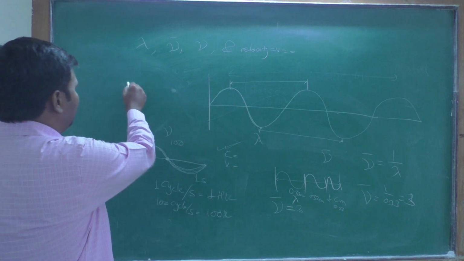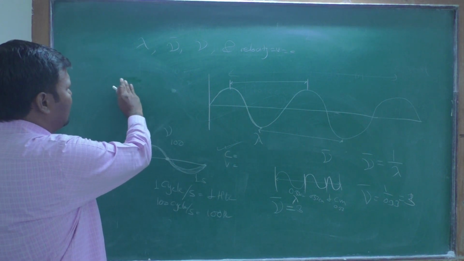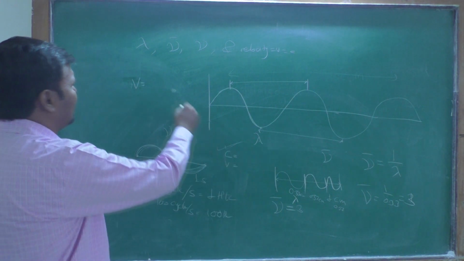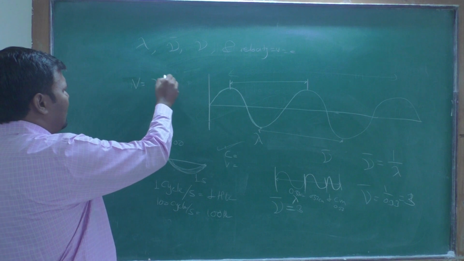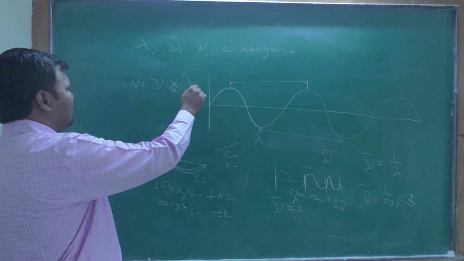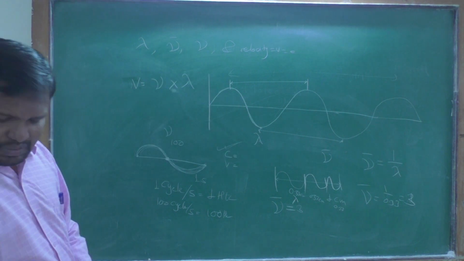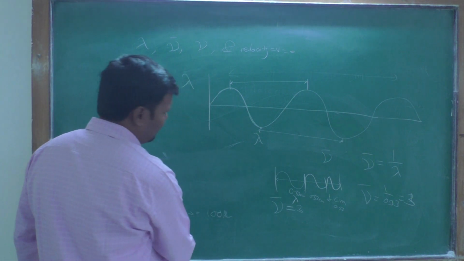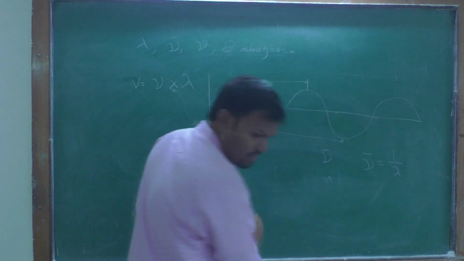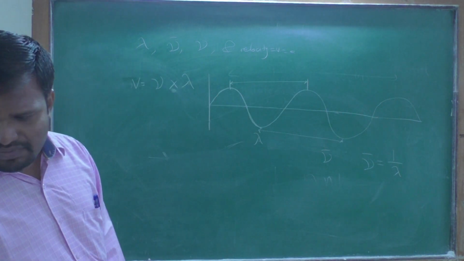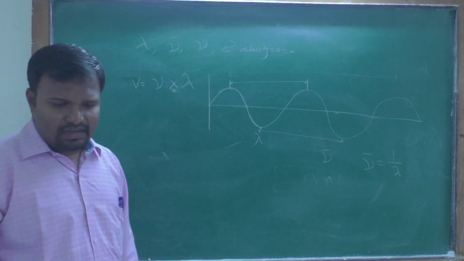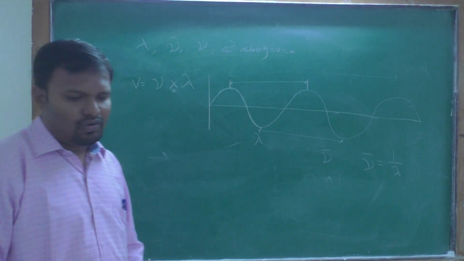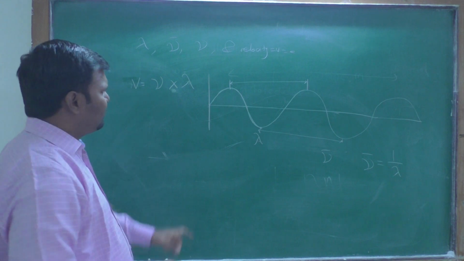Therefore velocity is equal to frequency into wavelength. That is one of the formulas: velocity is equal to frequency and the wavelength.